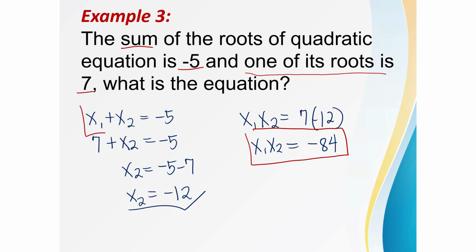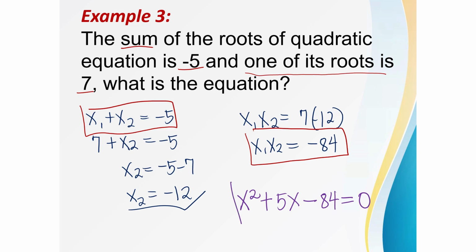At meron na rin pong sum of the roots, which is negative 5. We can now write the equation. X squared, and then the sum is negative 5. Change the sign, so positive 5x. At yung product ay negative 84, the same sign, minus 84, is equal to 0. So, this is the quadratic equation.